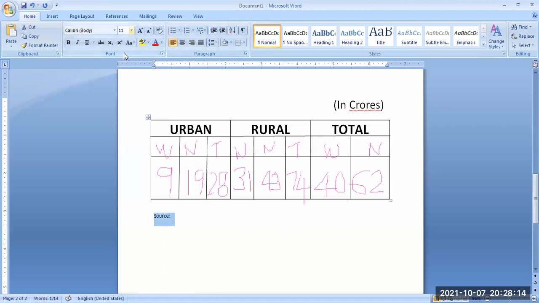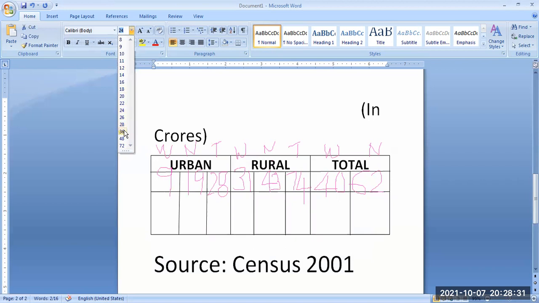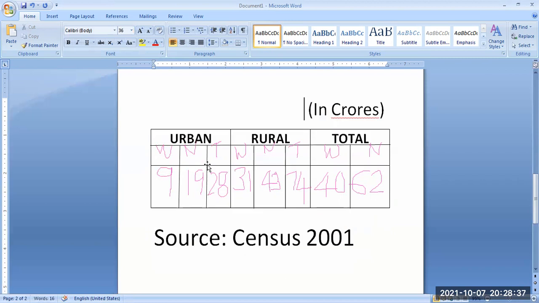Census of 2001. So like this we have to draw. In any table they are important. Please remember, units we have to mention and source we have to mention. Like this, this is the answer for that. Okay.